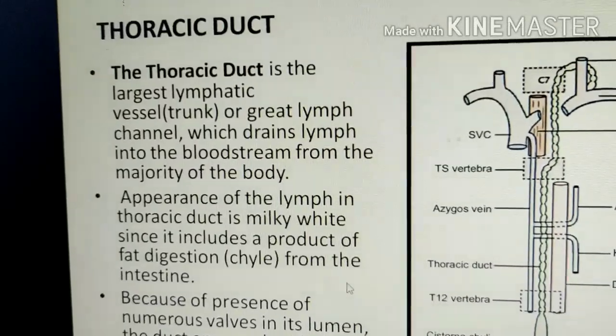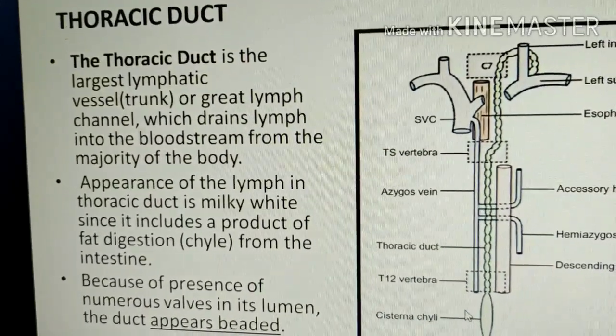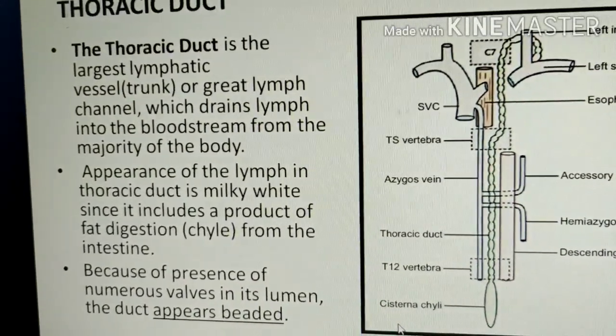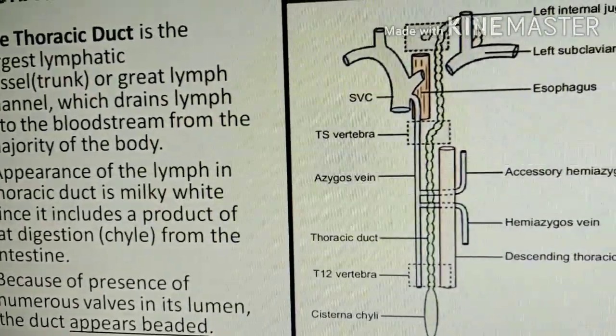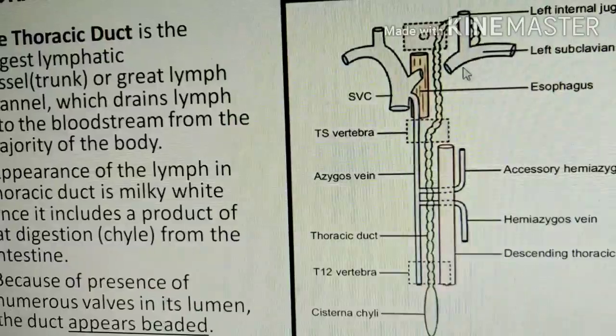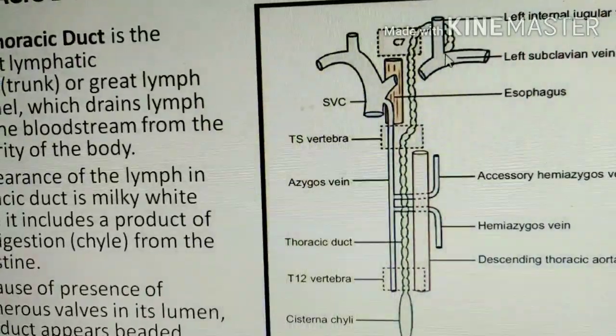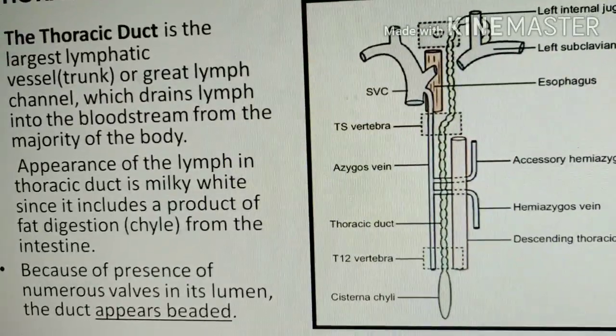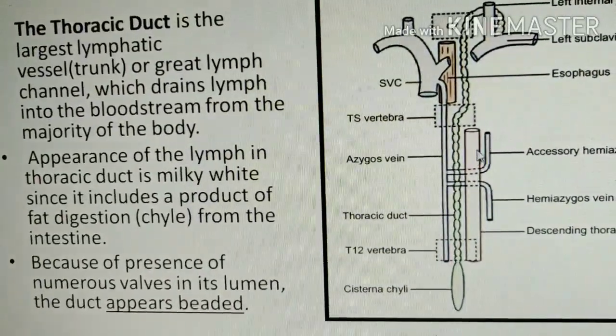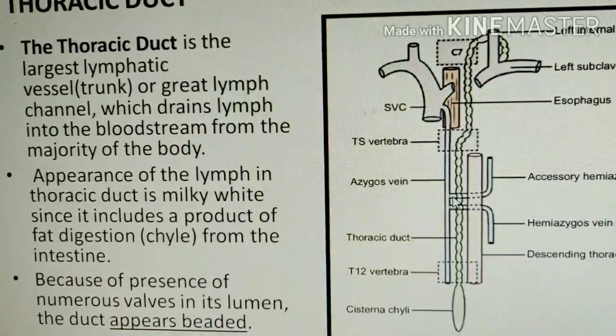So what is the thoracic duct? The thoracic duct is the largest lymphatic vessel, a great channel which drains lymph into the venous blood, that means the blood stream. The lymph in the thoracic duct is milky white in color. Why is it milky white?